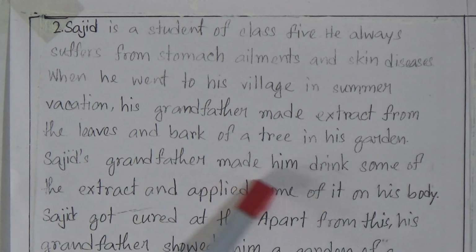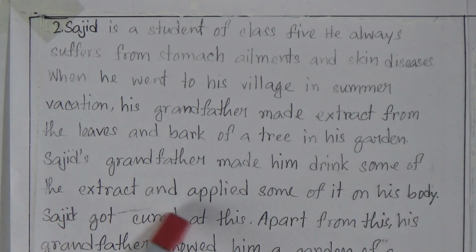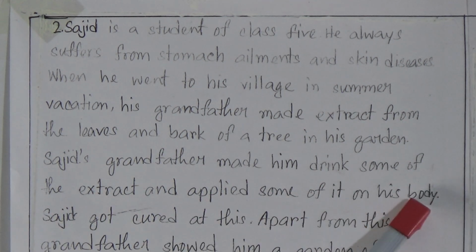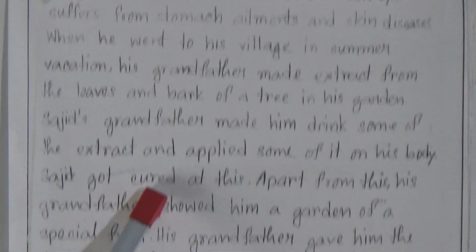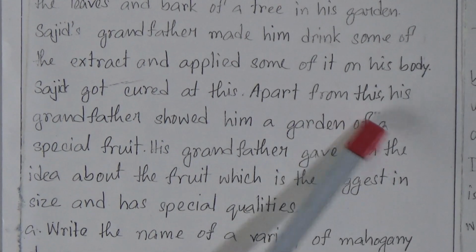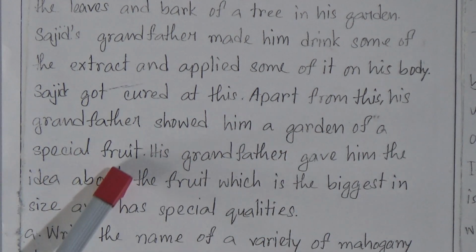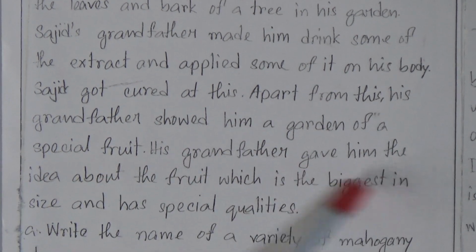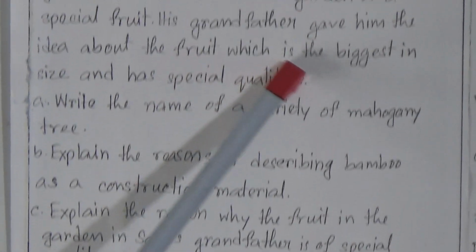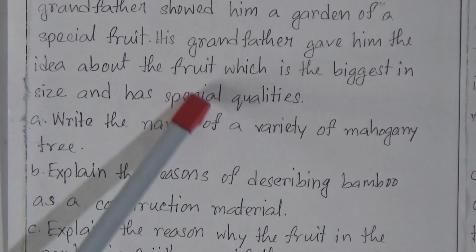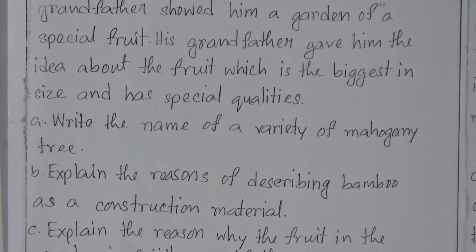Sajid's grandfather made him drink some of the extract and applied some of it on his body. Sajid got cured at this. Apart from this, his grandfather showed him a garden of a special fruit. His grandfather gave him the idea about the fruit, which is the biggest in size and has special qualities.